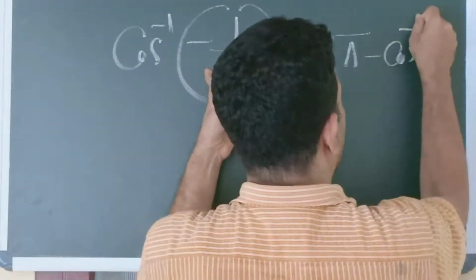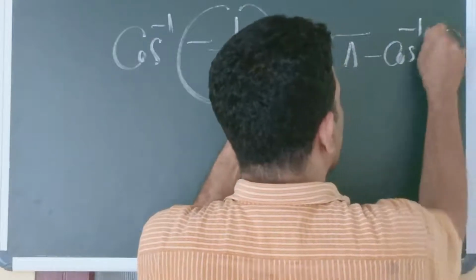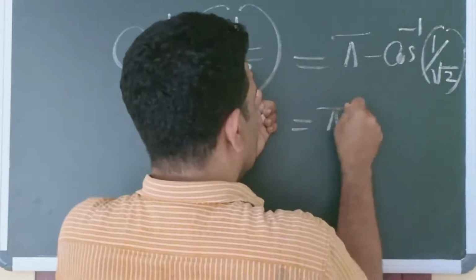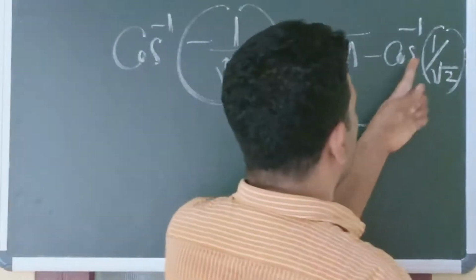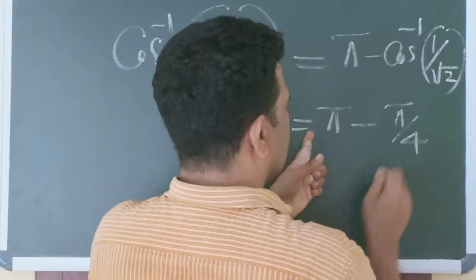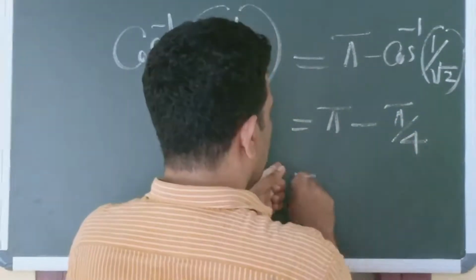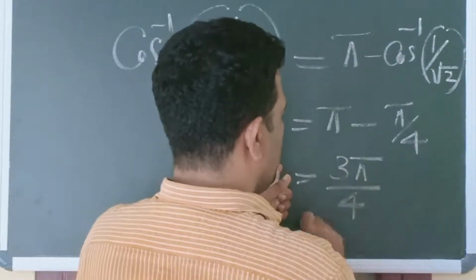Here it is pi minus cos inverse 1 by root 2, which from the table is pi by 4. Therefore the answer is pi minus pi by 4, that we can write as 3 pi by 4.